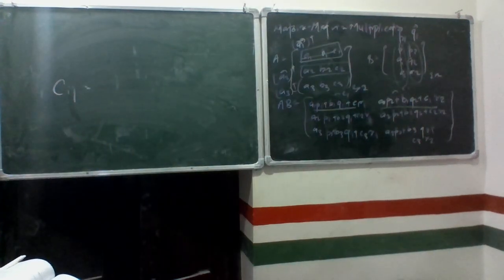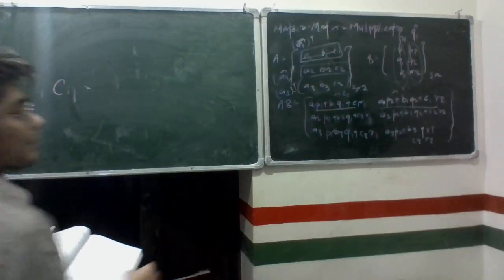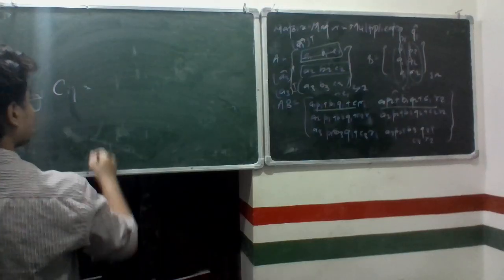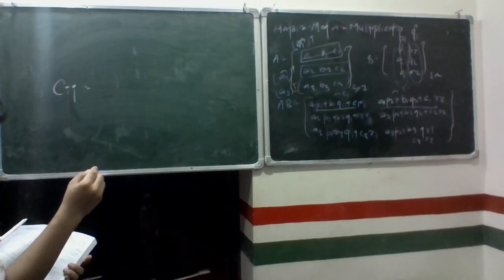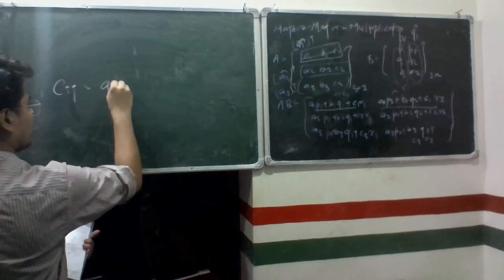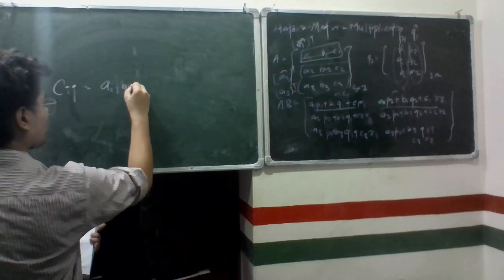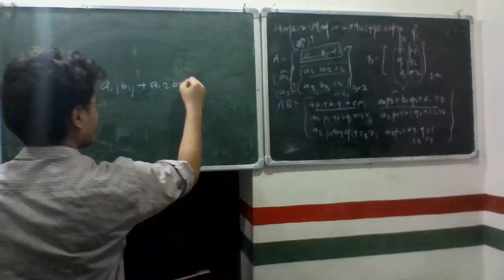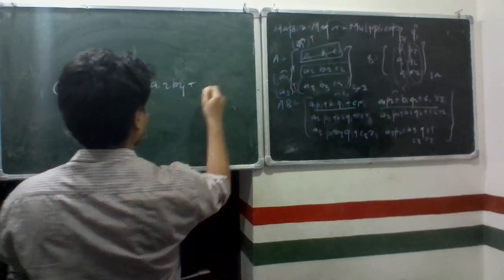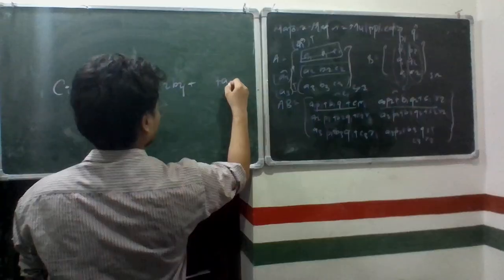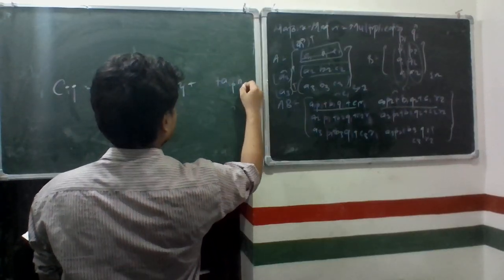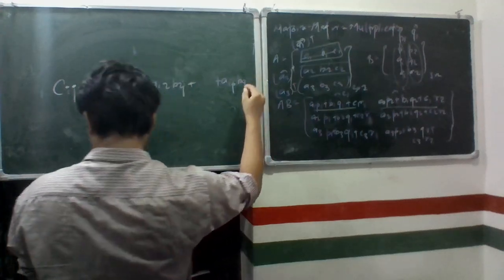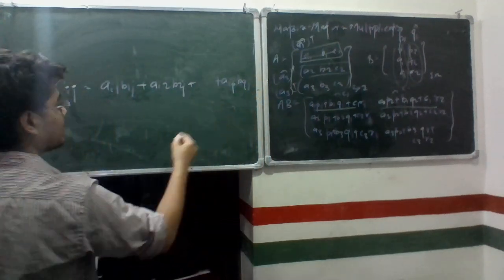each element of the matrix can be written in general as Cij equals Ai1 B1j plus Ai2 B2j plus, up to, Aip Bpj.